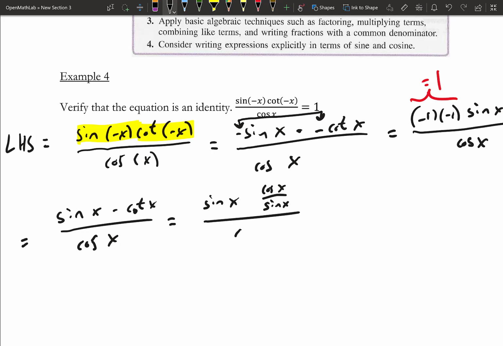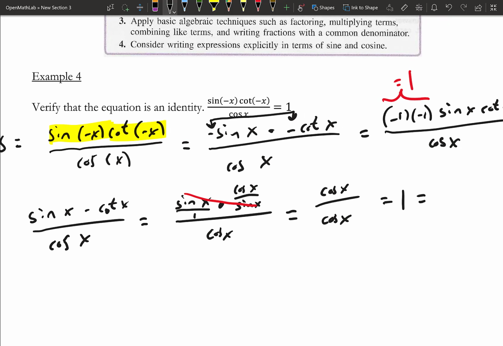This would be all over cosine x. And I'll put sine x over 1 if that makes it a little easier. And there's a times here. These are being multiplied. So notice these sine x's are going to cancel, and what we're left with in the top is just cosine x, and in the denominator is cosine x. So cosine x divided by cosine x is just going to equal 1.